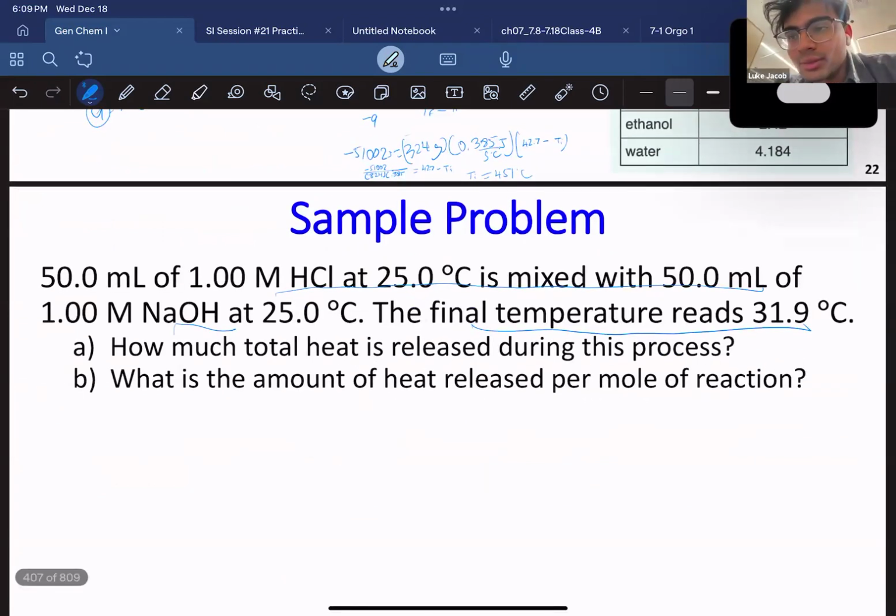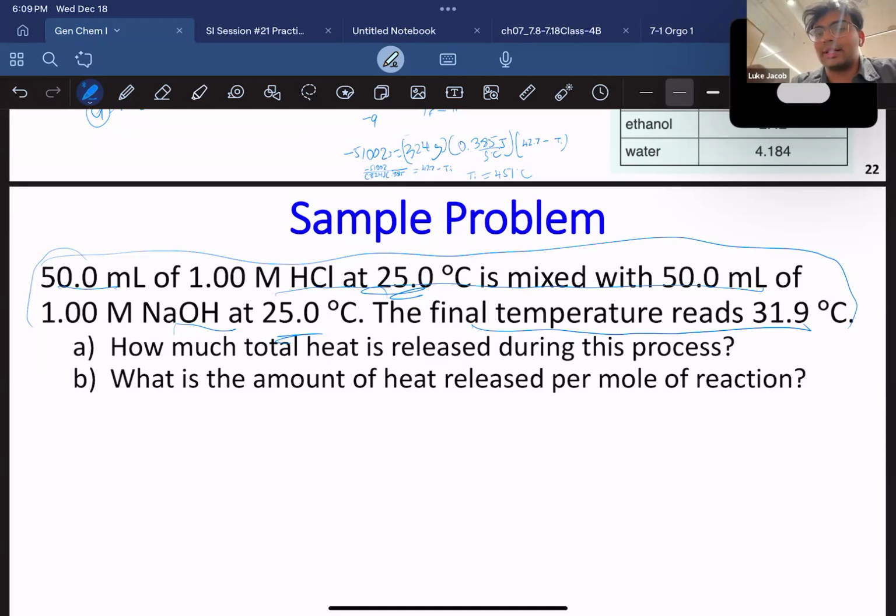You have the initial temperatures, so you just have to figure out Q equals MC delta T. And the thing is you have to use water, because water is the biggest thing in the solution. Any amount of HCl would make the change in specific heat actually negligible. So it's important to recognize what's going on with the different kinds of things.